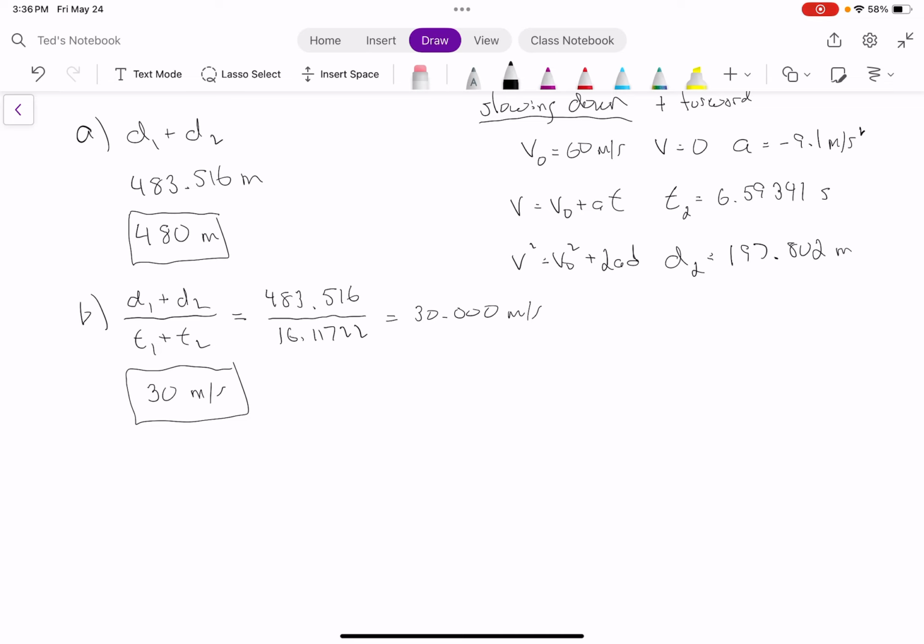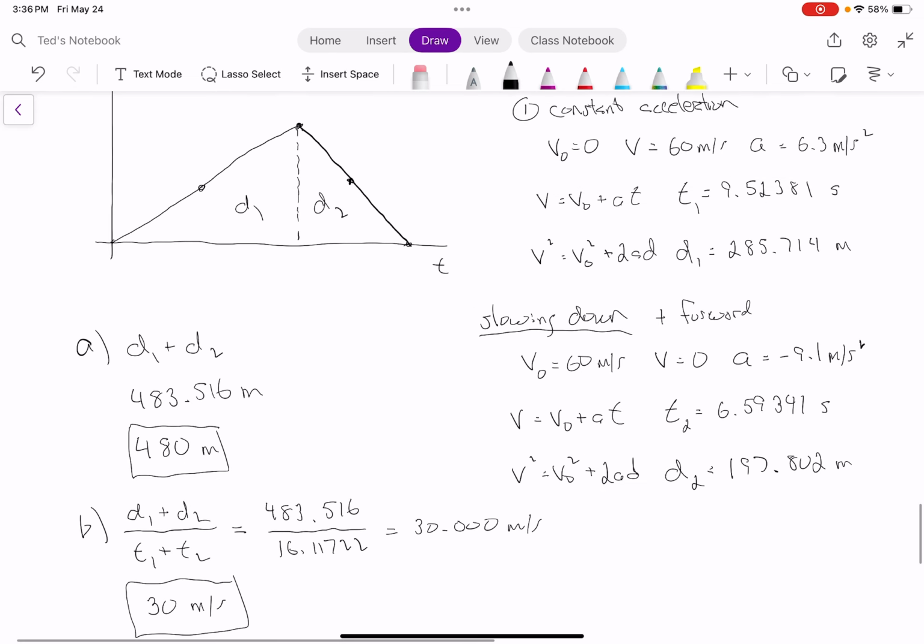All right, so in all of our constant acceleration problems in Physics 2211, we cannot solve it with just one step. There's always going to be at least 2 parts of the problem where you either have to do constant acceleration or just constant velocity, distance equals velocity times time. I will see you in the next video.